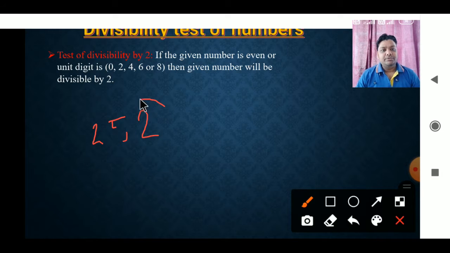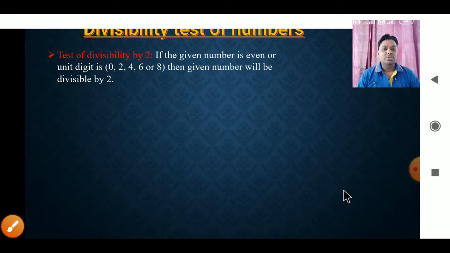In number 252, you can see that 2 is the unit digit of this number. So you can see these numbers: 0, 2, 4, 6, 8. It means if the last digit is any of these, or we can say the last digit is even, then it is surely divisible by 2.